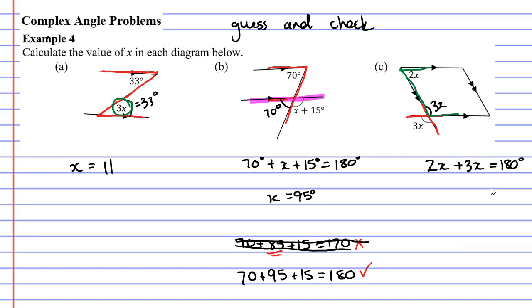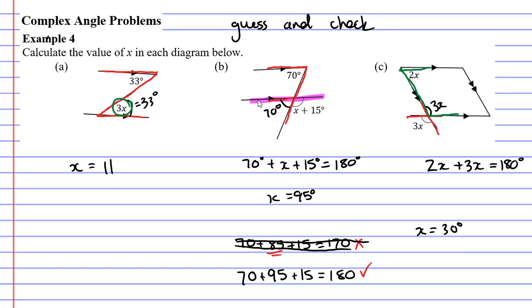Okay, so once again we're going to use the guess and check method, and we're going to guess an x value and see if we get 180 degrees. So let's try x equals 30 degrees and see what happens.